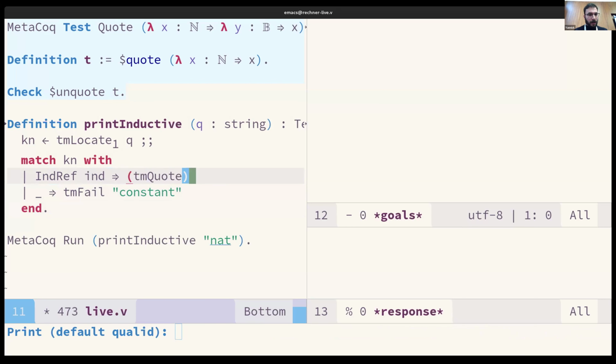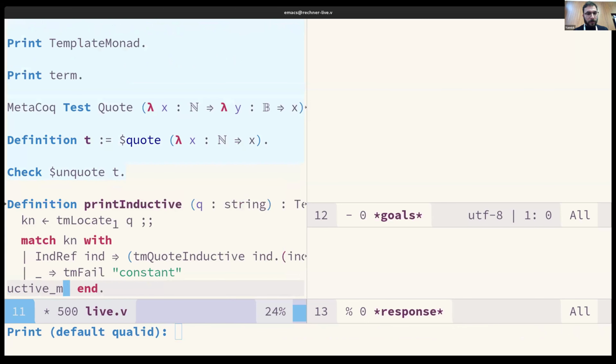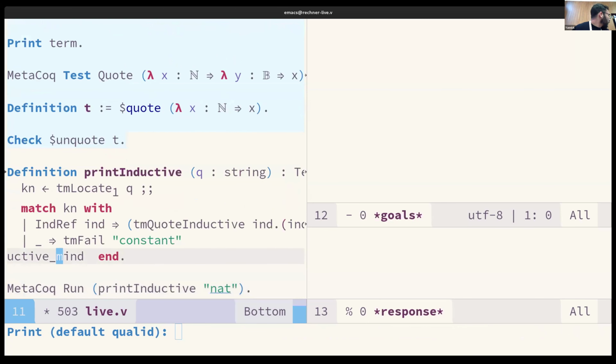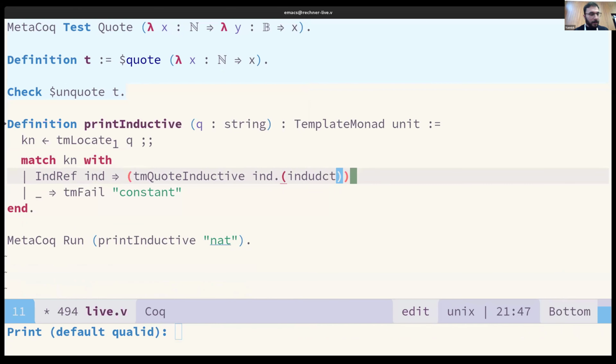Then what we want to do is use a command that can quote an inductive to get its representation, where we give it this field, the inductive field. Quote inductive is going to return the representation, and then we want to print it.